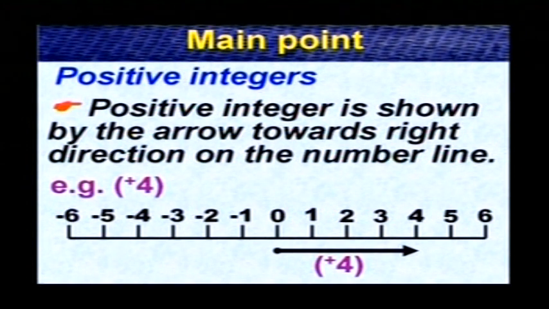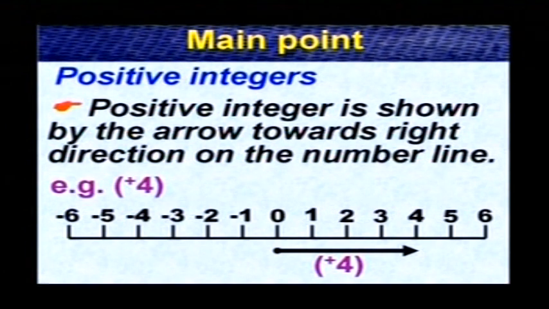Which means that on the number line, to show a positive number, the number is represented by an arrow, and the direction of the arrow is always to the right. Receiving students and 7, if you see an arrow going towards the right direction, you must know that that integer is a positive integer on the number line.